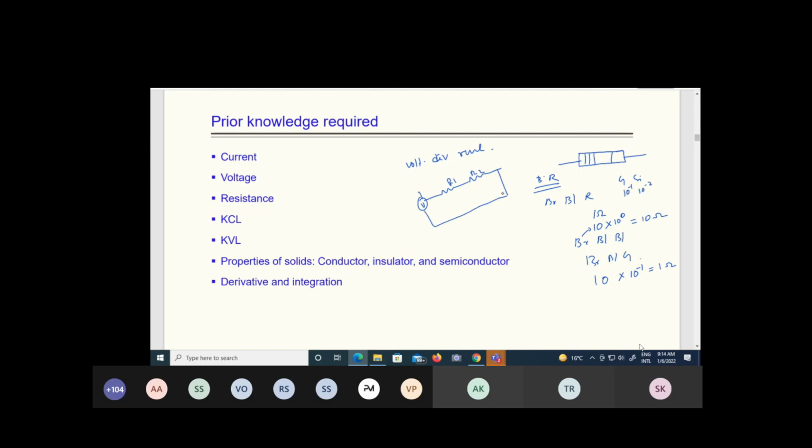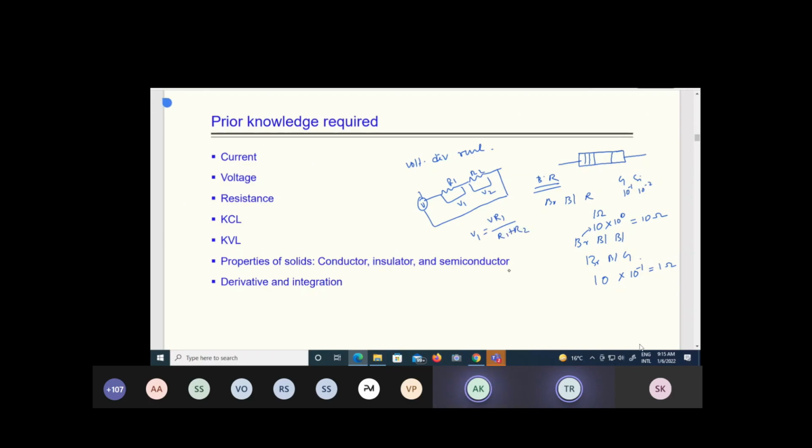What will be the voltage across R1 and what will be the voltage across R2? Ma'am, for the first one, V by R1 plus R2 into R1, and for the second one, V by R1 plus R2 into R2. Yes, this is the voltage division rule.